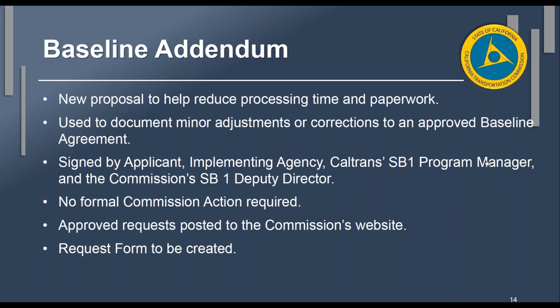So do I have any other questions, comments, or suggestions about when we could use this addendum? And keep in mind, this addendum process is still being proposed, so we're just trying to get some conversations going around it and see how we can make it work.